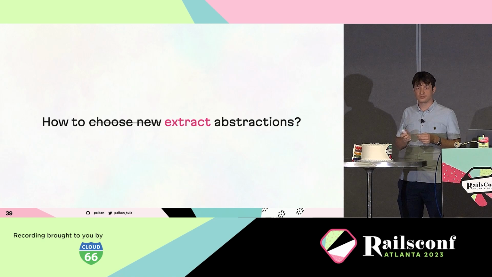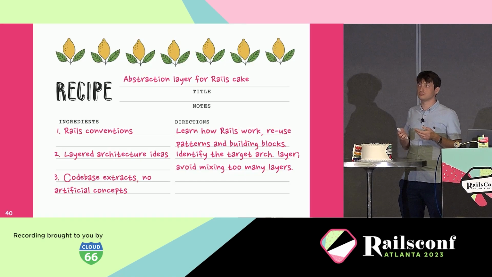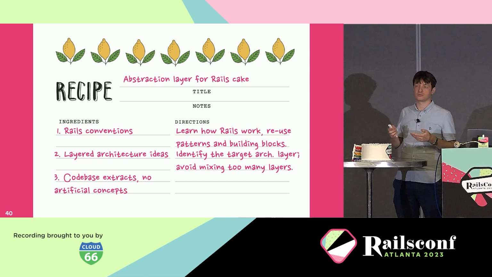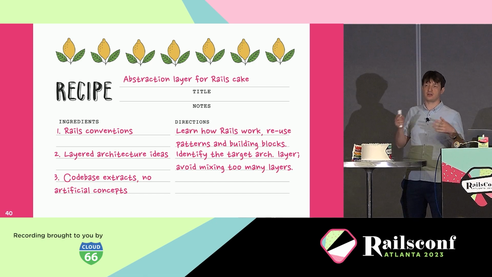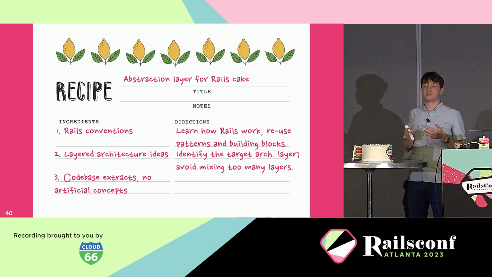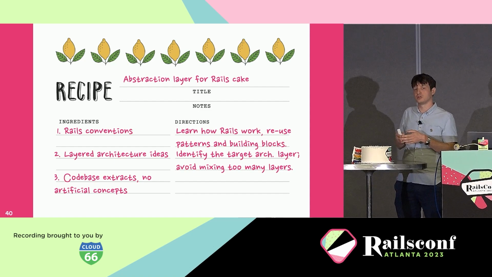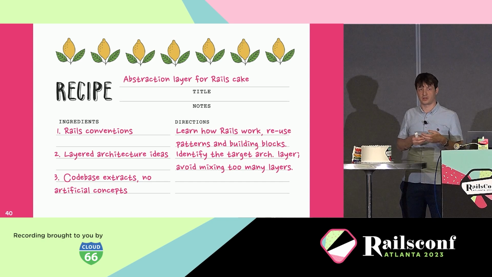Because artificially adding abstractions usually comes at a price, because adding concepts to your application always increases conceptual complexity. We can't avoid it. And that means that we can only add new concepts to fix existing problems. That's how we compensate for the price we pay.